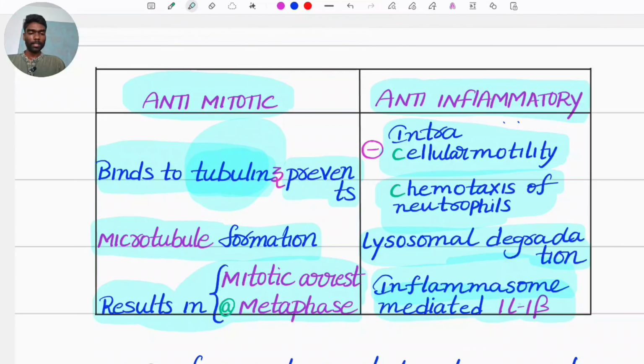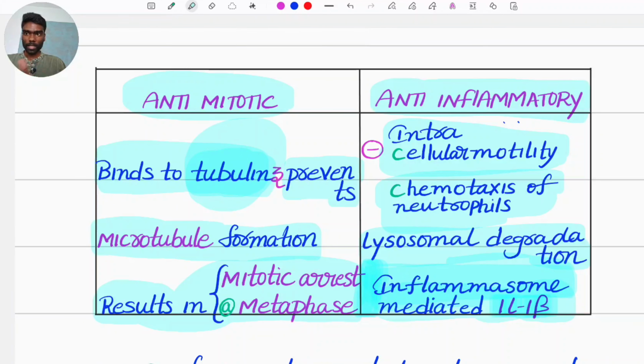Here, interleukin 1 beta is a pro-inflammatory interleukin which is activated by caspase 1. For all this to happen, there has to be formation of inflammasome complex. Here, colchicine inhibits this complex, ultimately inhibiting interleukin 1 beta.